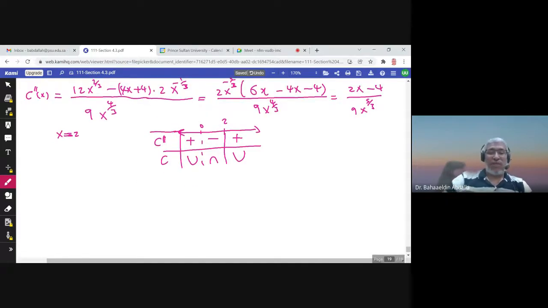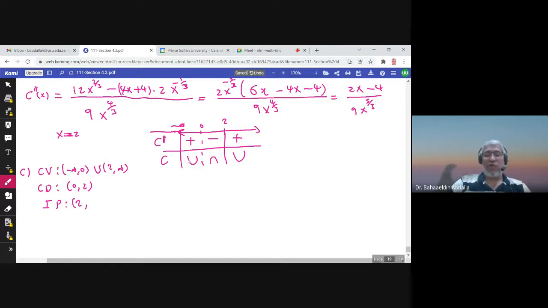So this is part C. I can say concave up from negative infinity to 0, union from 2 to infinity, and concave down from 0 to 2. And I have one inflection point, 2 and f of 2. At 0, we don't have an inflection point. We know at 0, it's a tangent line.